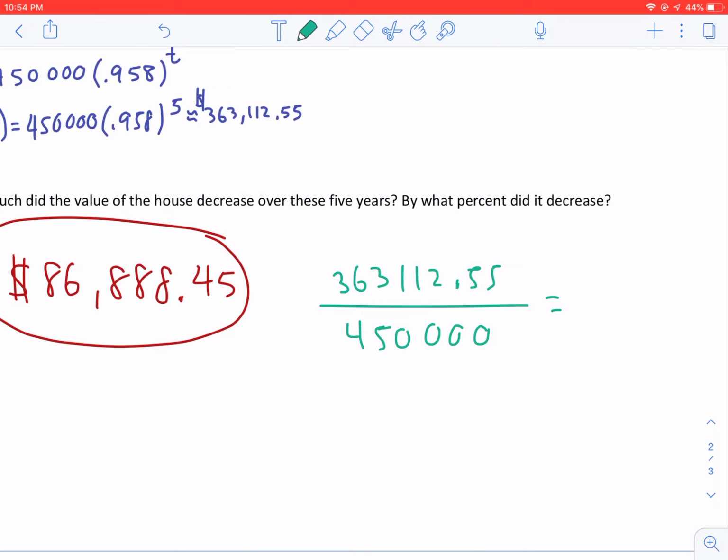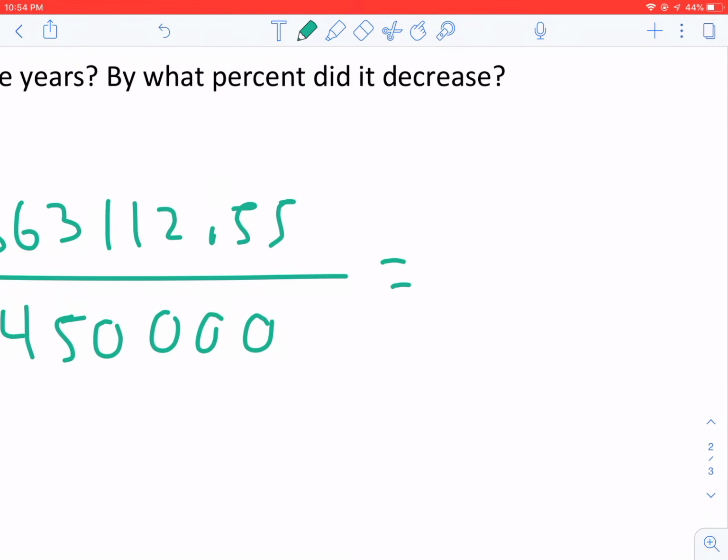That's going to equal 0.8069-ish, approximately.